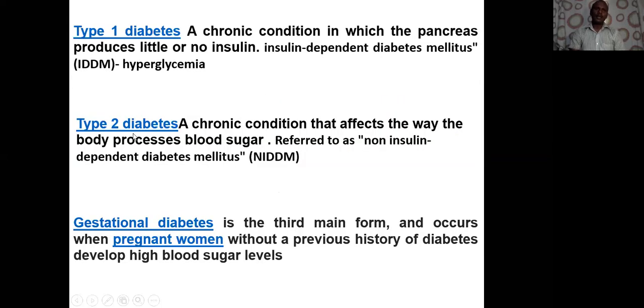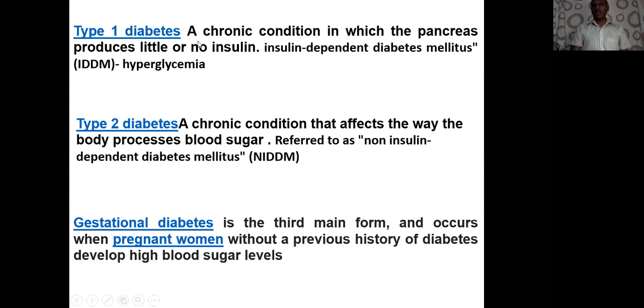Diabetes mellitus involves increased glucose levels. Type 1 diabetes is insulin dependent, where there is little or no insulin produced.